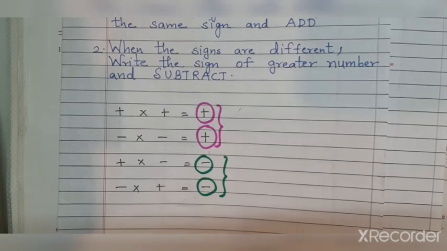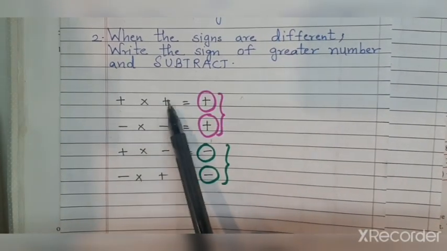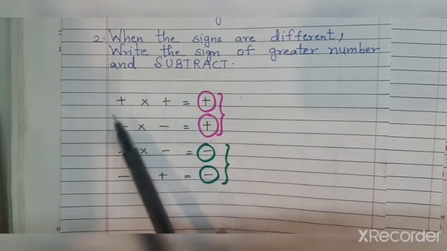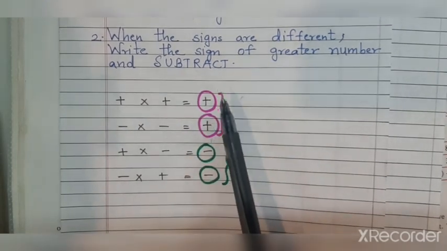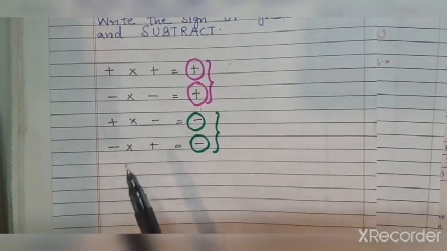Okay, it's very simple to remember. Plus into plus is plus, minus into minus is plus. So when the signs are same, you get positive answer, and when the signs are different, you get a negative answer with respect to multiplication.